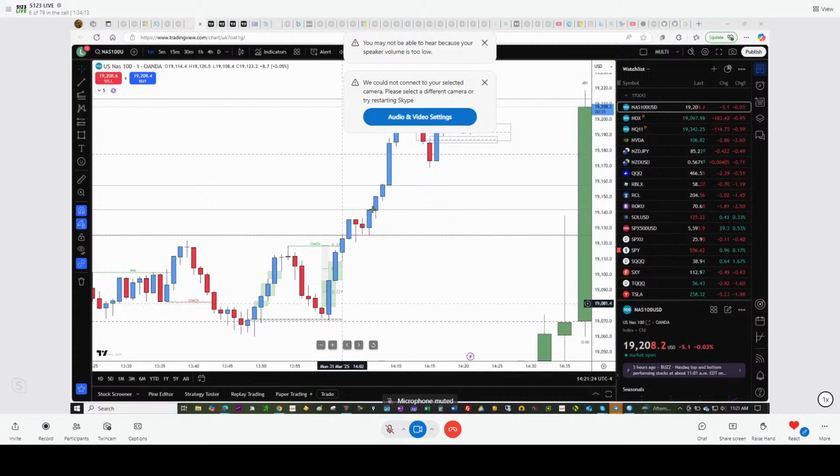We've had a nice run. So there could be a lot of accumulation going on here, manipulation. We can still come down and take out this low one more time as well. So it's just not a great spot. This is a great spot here.